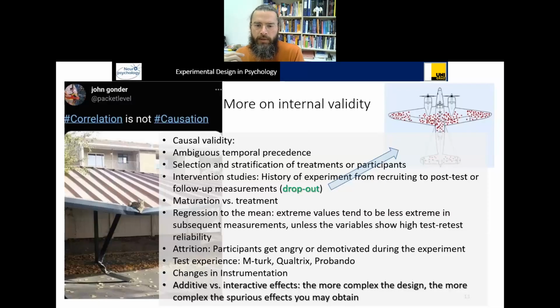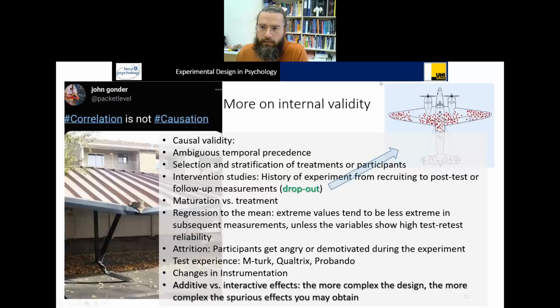And so there may be very specific and very important reasons for people to leave your study. And if they are systematic, if they are not random, they may also compromise your ability to interpret your results. So there is a nice example of how that works.